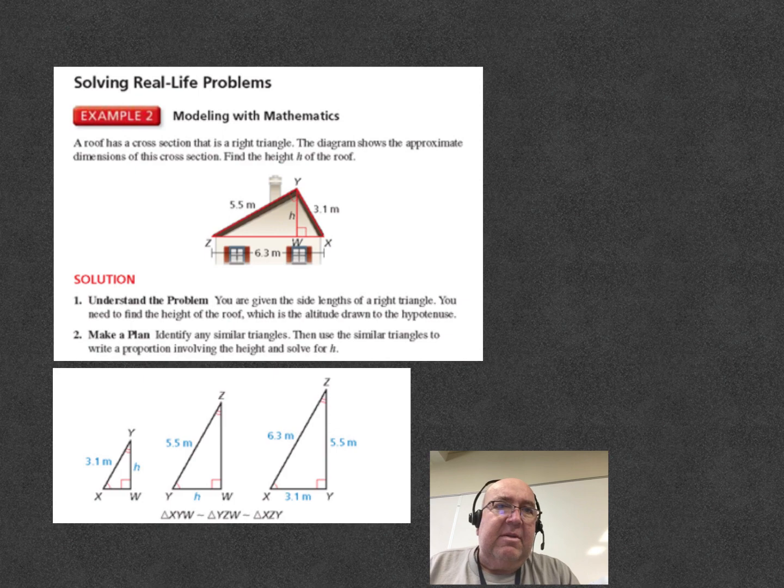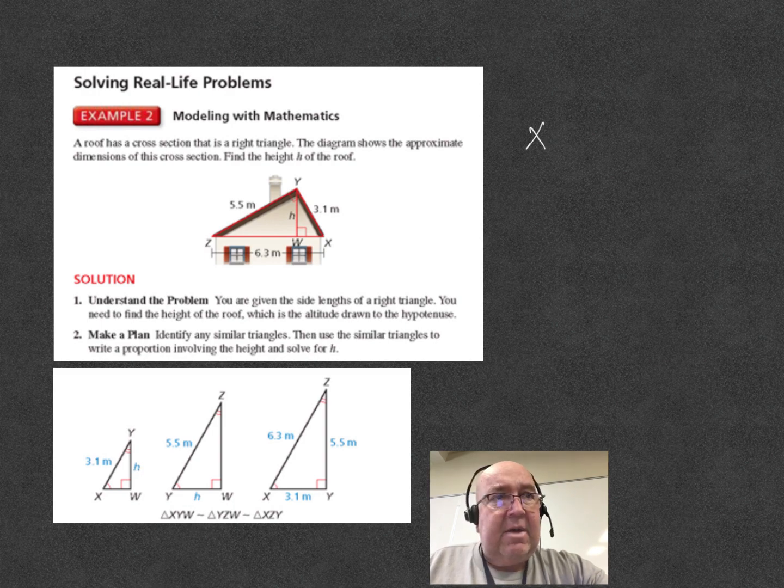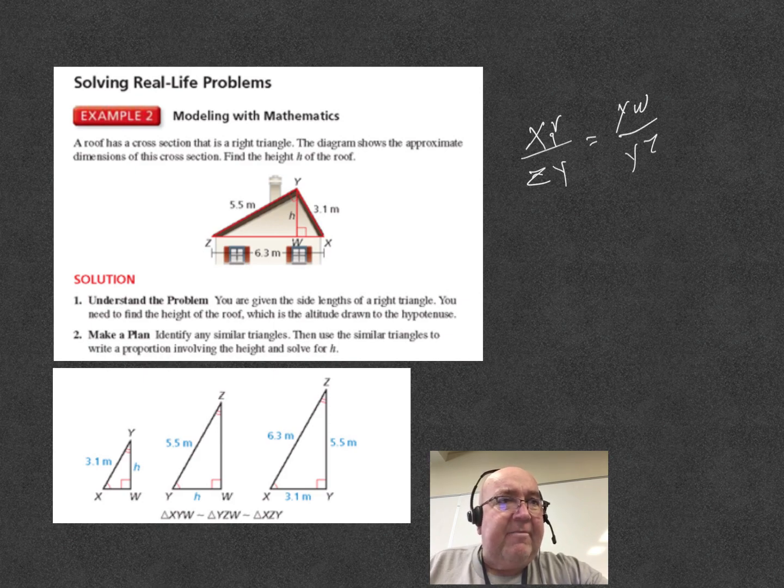In this problem, we're given the fact that a roof has been divided, and we want to find the height of the roof using the altitude that created that. So we're going to use a ratio of XY over ZY and make it equal to a ratio of YW over YZ.